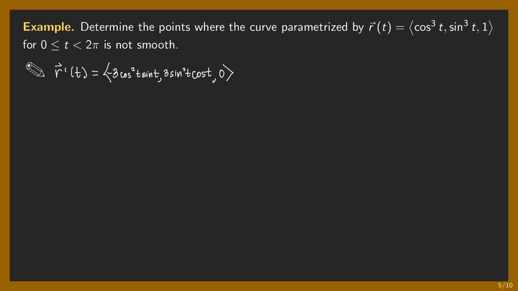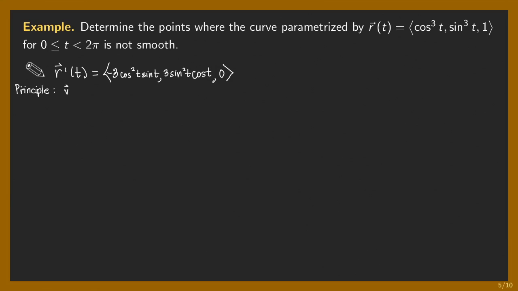So this is your vector derivative. As you can tell, the derivatives are again trigonometric functions, therefore they remain continuous. So if this curve will not be smooth, it will be at the points where this derivative is 0. So how do you know at what values this vector is equal to 0? Now we use the following principle.